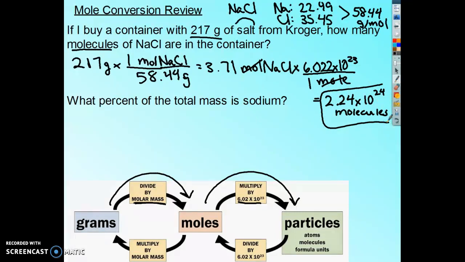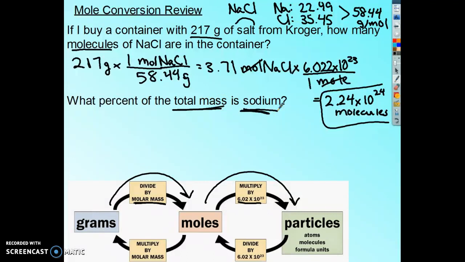Now I want to know what percent of the total mass is sodium. We could either use the mass of the container, or we could just know that sodium is always going to have a constant percent out of whatever is sodium chloride. So we can just take the information we've already broken down up at the top for our molar mass and use that to calculate the total mass percent that is coming from sodium.